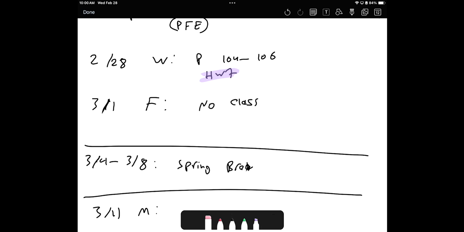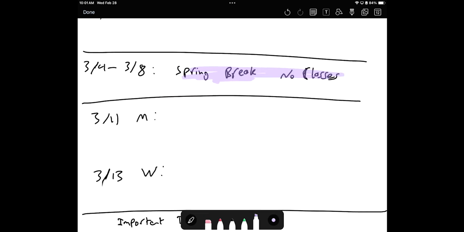Spring break. So next week there will be no classes as well. Okay, then you can again enjoy the spring break starting from today. Monday, after the spring break, the readings are between page 106 to 108, and it is also the due date for homework number 8.